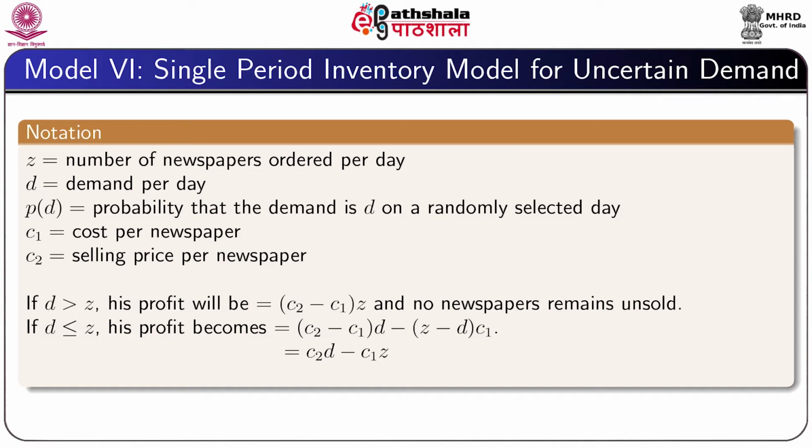Now, if D is less than or equal to Z, that is, the demand is less than or equal to the purchase quantity, his profit becomes (C2 minus C1) into D minus (Z minus D) into C1. (C2 minus C1) into D is the net income, and then Z minus D papers remain unsold, so you have to reduce that cost. That means he is getting C2 D minus C1 Z.